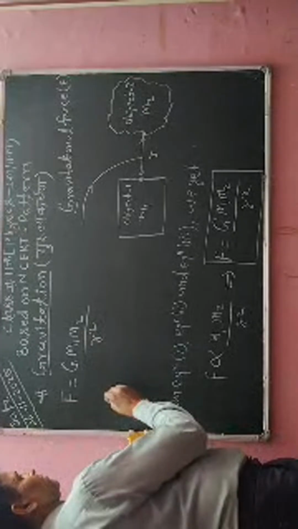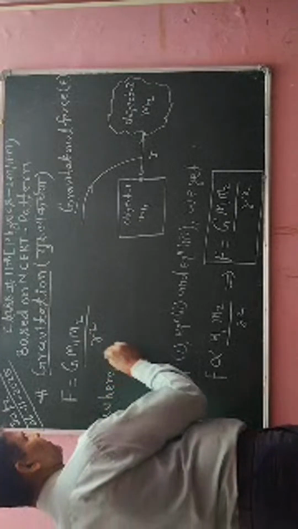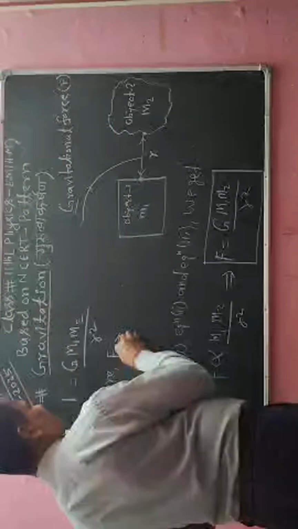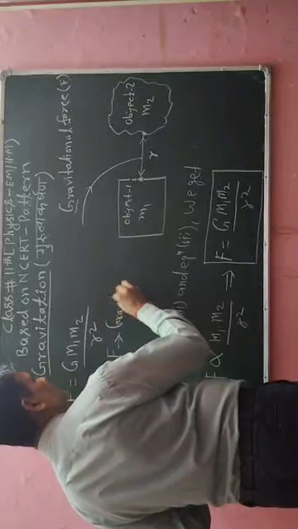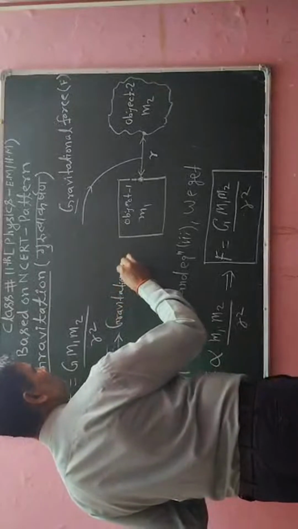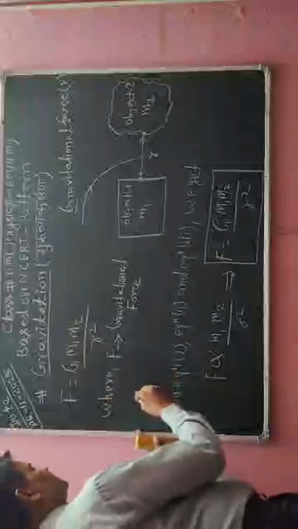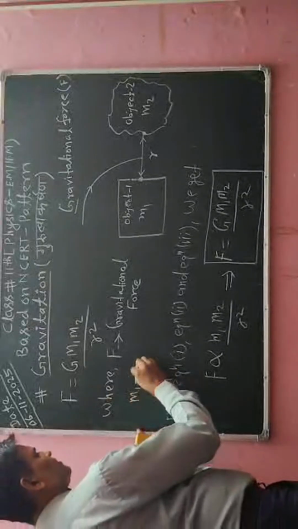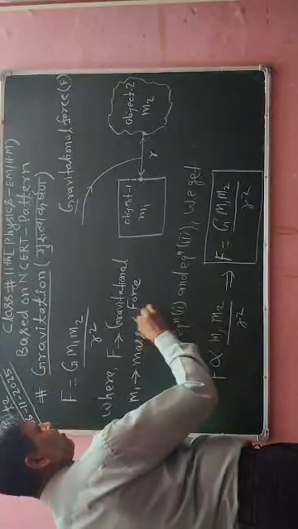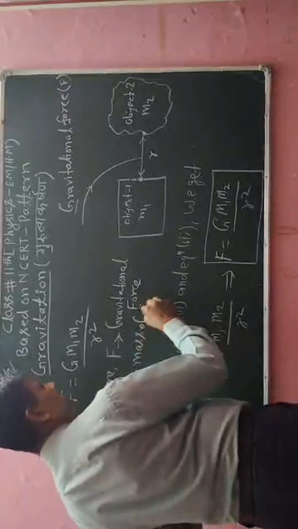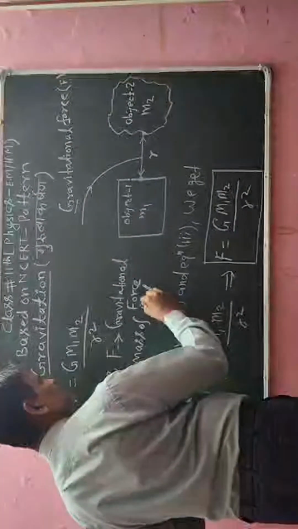Here, F is the gravitational force, and m1 is the mass of the first object.